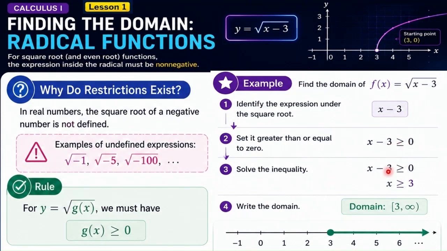Adding 3 to both sides gives x greater than or equal to 3. As a result, the domain begins at 3 and extends to positive infinity. Whenever a square root appears, checking the expression inside the radical is essential.